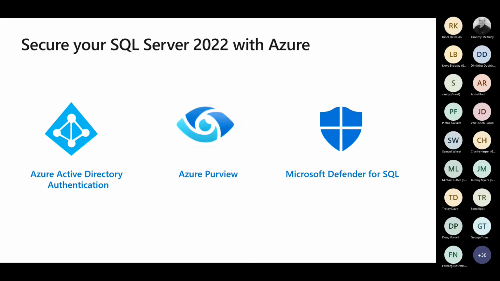And then Microsoft Defender for SQL is an interesting technology if you've not seen it before. Microsoft Defender for SQL, part of the Defender for Cloud suite of services, gives you vulnerability assessments and security threat detection alerts against any SQL asset. And for SQL Server 2022, we will continue that trend and allow that to work for SQL Server. And it's pretty good technology. The reason I like it is because it's very consistent, but it adapts to the SQL Server you're running on.